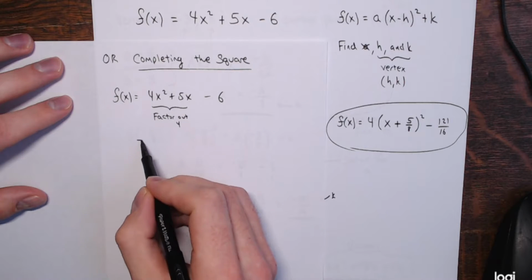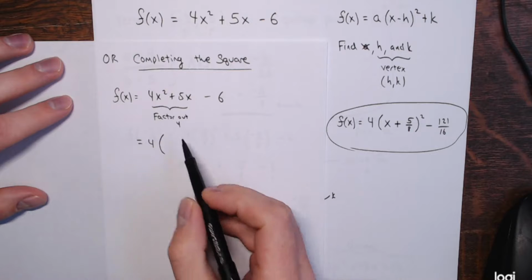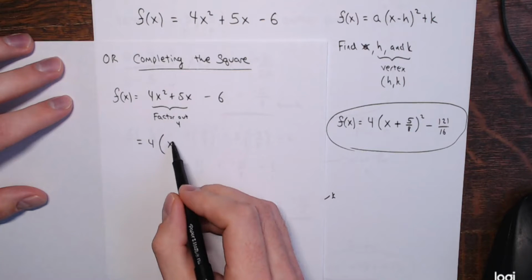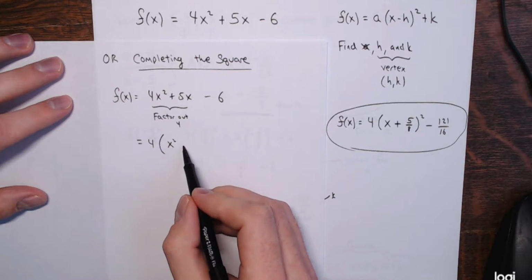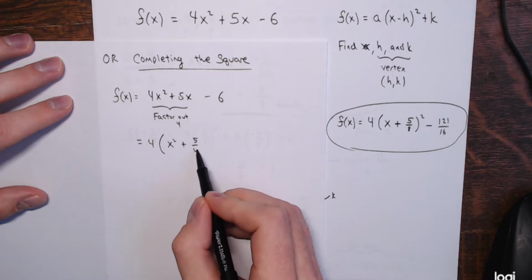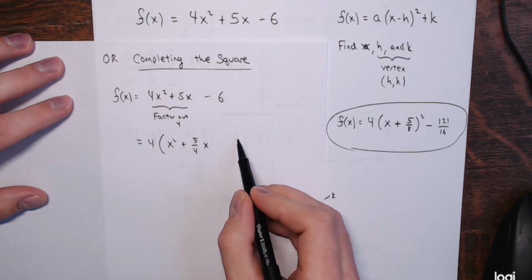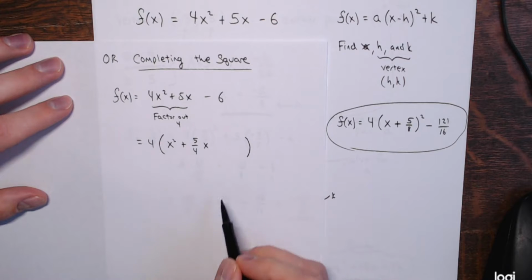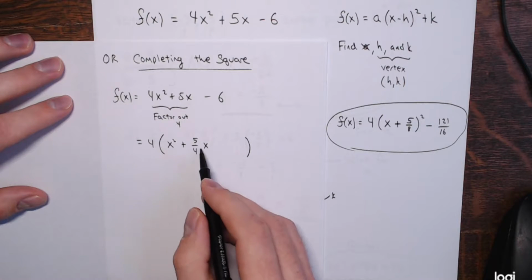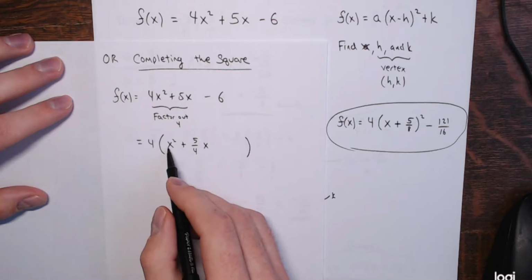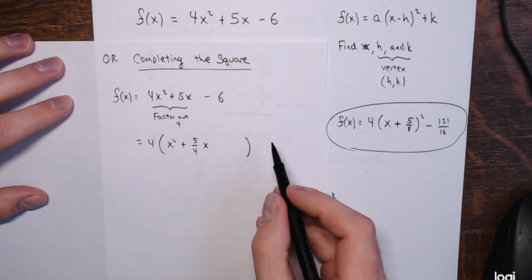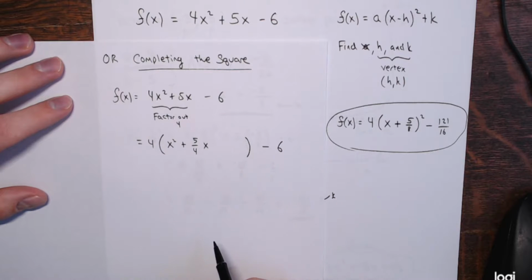So we have 4 times, and once 4 is pulled out, you have the 1x squared that you want, plus 5/4 x. I'll leave some space so we can complete the square. We're going to be able to complete the square in the parentheses because the coefficient of x squared is now 1, and you've got the minus 6 still over here.